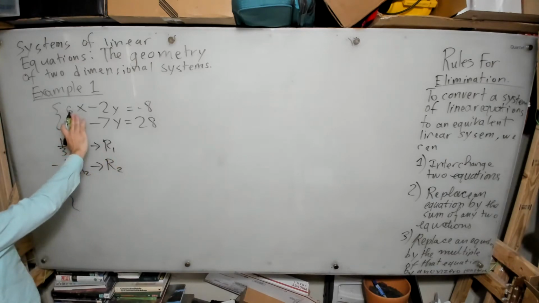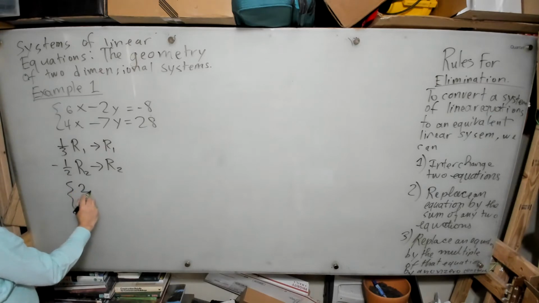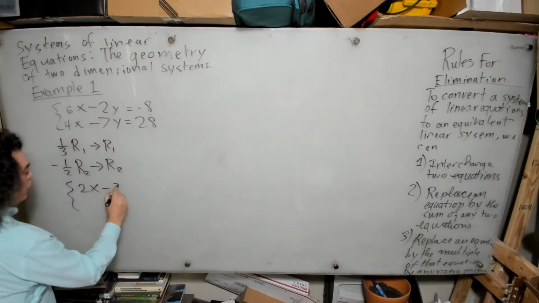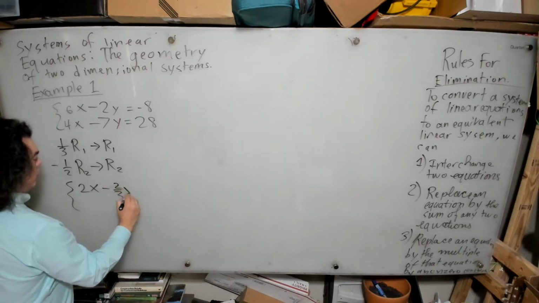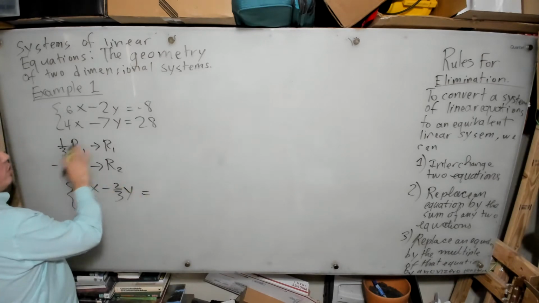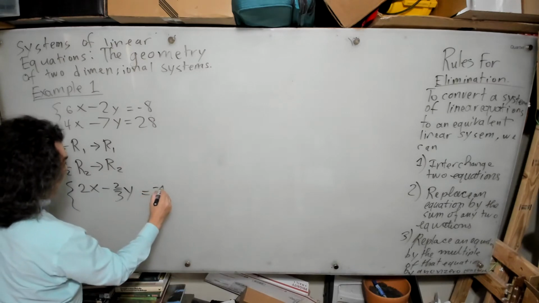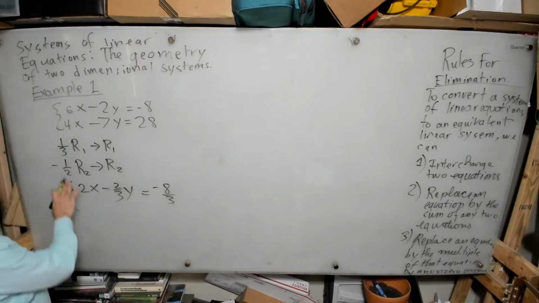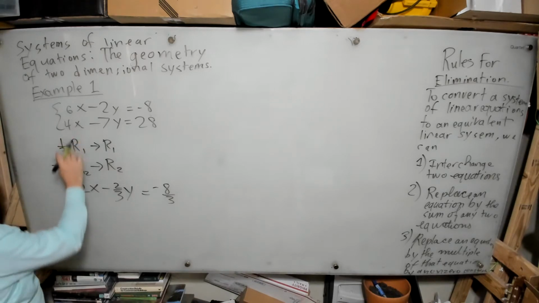What's 1/3 of 6? That's 2. So it'll be 2x minus, what's 1/3 of 2? It'll be 2/3 y equals, what's 1/3 of 8? It'll be 8/3, right? What's -1/2 times 4?